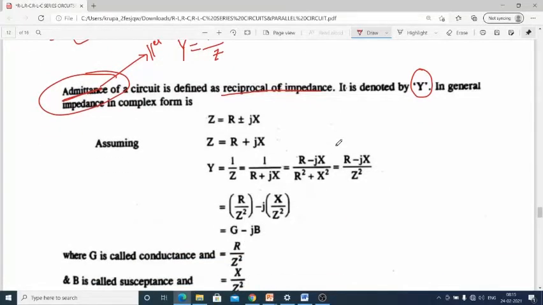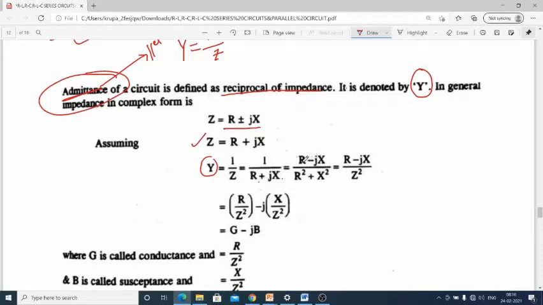In general form, the impedance in the complex form is R plus jX. So assume Z is equal to R plus jX. What do you mean by Y? 1 upon Z, 1 upon R plus jX.